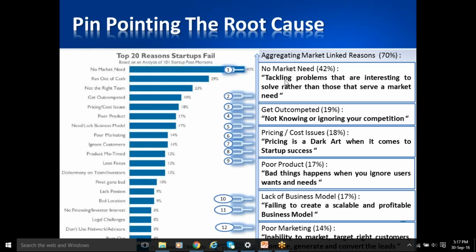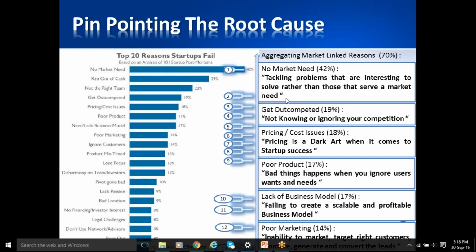That is the thing we have to tackle first: tackling a problem that is interesting to solve rather than solving a market need. It is exciting to see new products launched in the market, but we need to check whether it's going to be acceptable in the market before we move into the investment phase for that product.